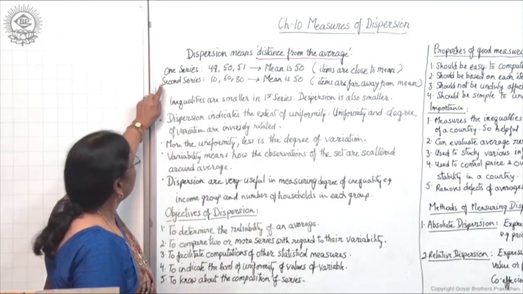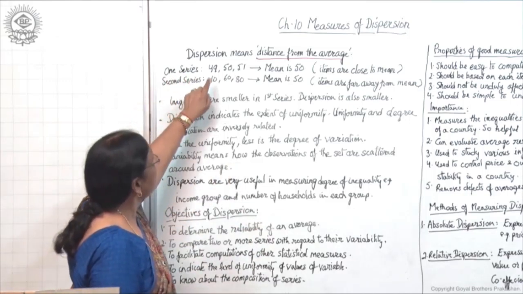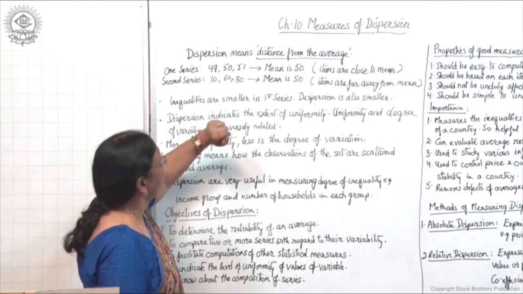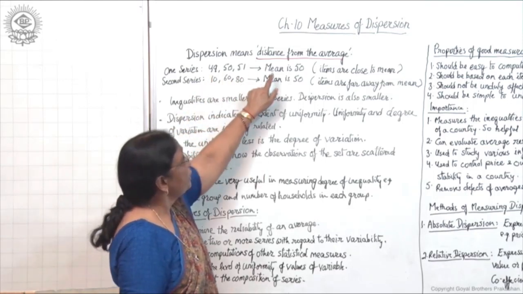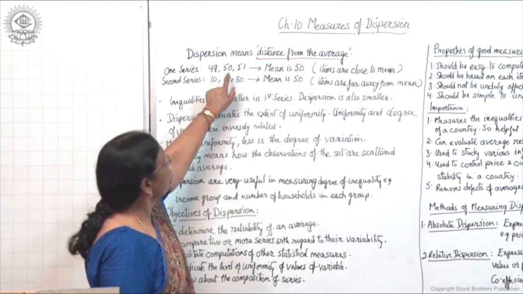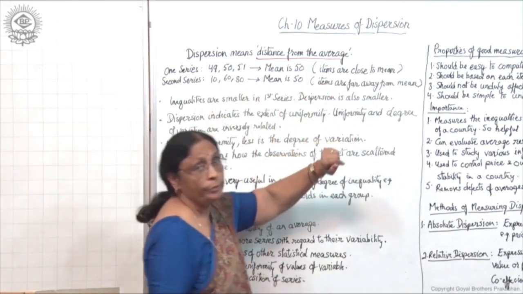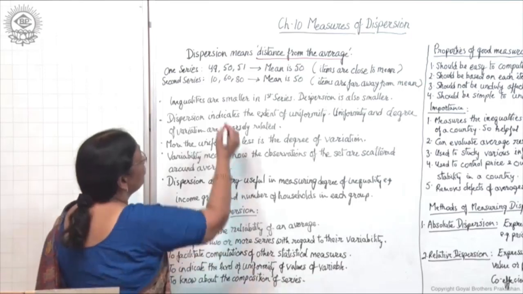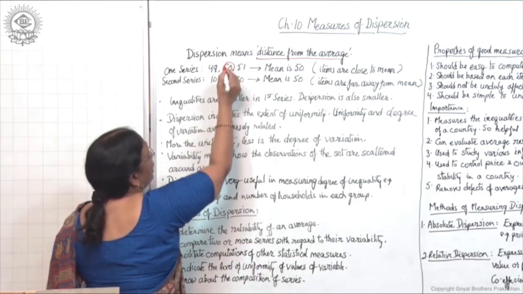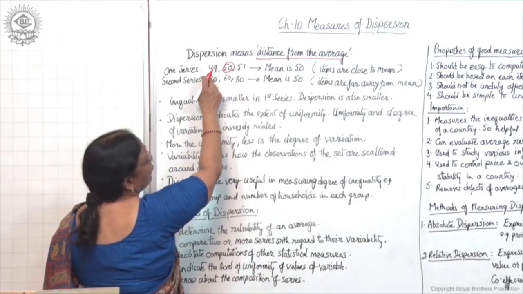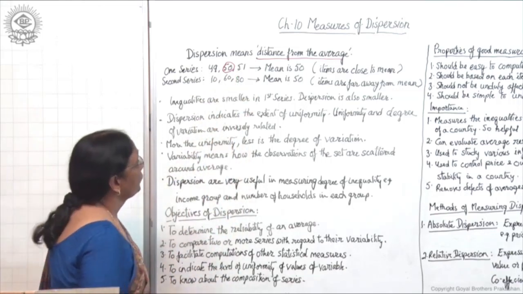Now for example, if one series is 49, 50 and 51, in this case mean is 50, the average of these three figures is 50, and here items are close to mean. 50 is the mean here and items are very close to it, one is 49 and one is 51.